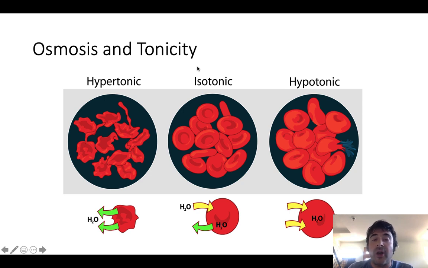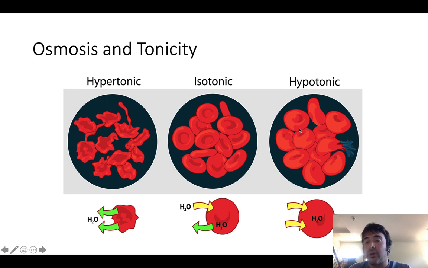When you put cells into an isotonic solution, there's no net movement of water into or out of the cell, right? Meaning that water doesn't flood into the cell or get sucked out of the cell. It's moving at an equal rate, so the cell doesn't change its size or shape, and we refer to that as being an isotonic solution.